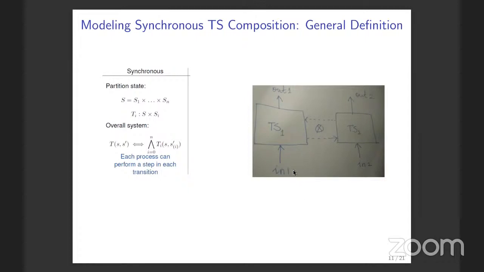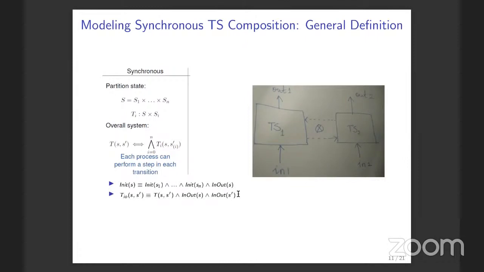But the most important thing is you are marching both the transition systems in lockstep, and that can be represented as a formula by making a conjunction of each of the transition relations of each of the components. Here, I'm showing it in general, assuming that there are n subcomponents. Then you just take the composition of all the things.